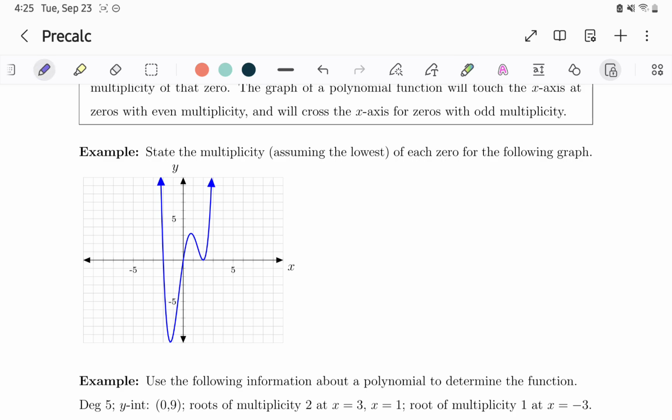All right, so let's go ahead and identify its zeros. We have a zero over here at the point -2, 0, a zero here at the origin, 0, 0, and then a zero over here at 2, 0.